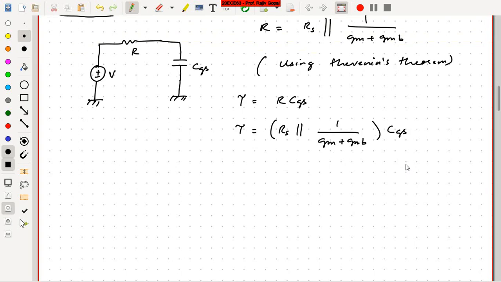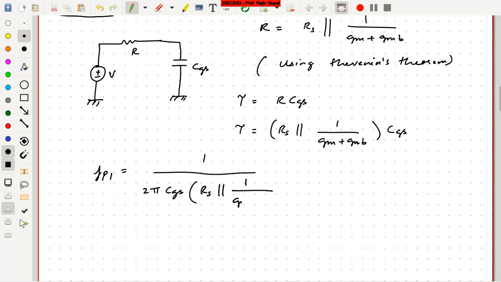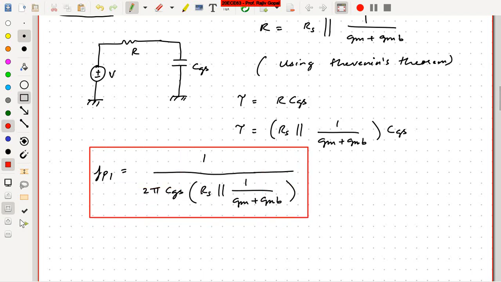So I'll call this first resonant frequency FP1, pole 1. This is 1 by 2 pi CGS into RS parallel 1 by gm plus gmb. I'll call this my first equation.